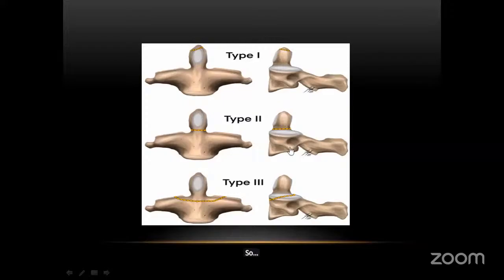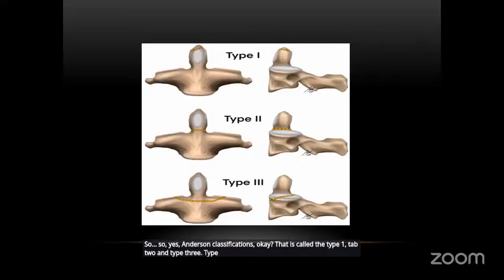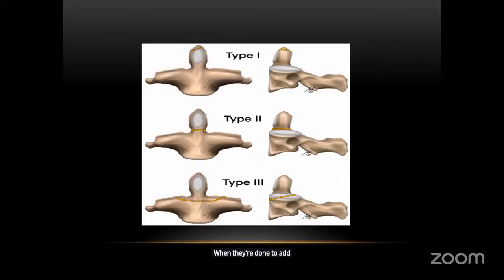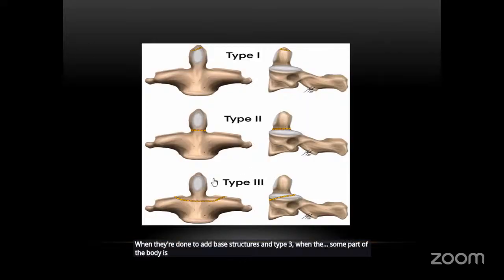Yes, Anderson classification. That is called type 1, type 2, and type 3. Type 1 is just the tip of the odontoid fractured. Type 2 is when the odontoid base is fractured, and type 3 is when some part of the body is also involved. Out of all these types, which type is an unstable fracture?